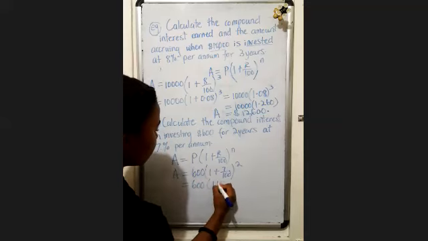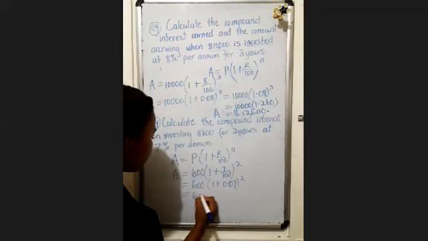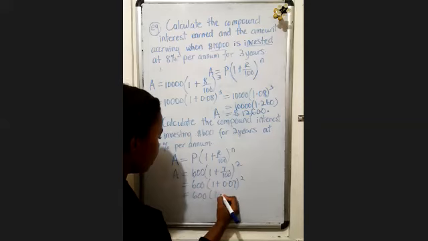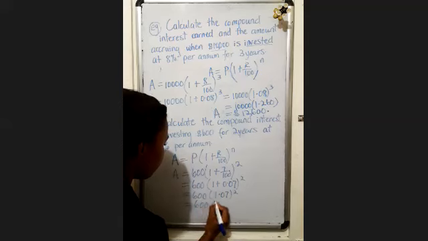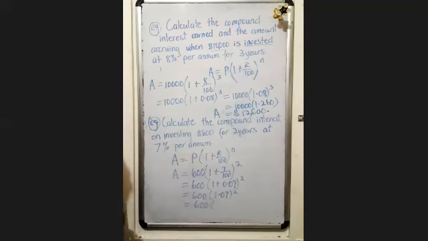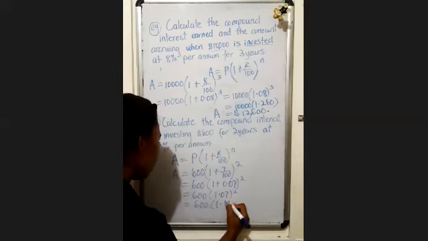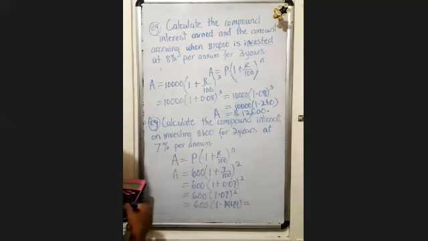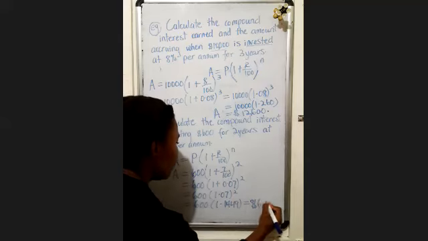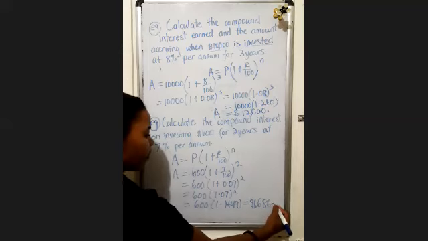1 plus 0.07, 600 by 1.07 squared, 600 by 1.07 squared, 1.1449, and I would hope that you guys are doing it on your calculator as well to get practice and make sure your numbers are correct, which would be 686.94.